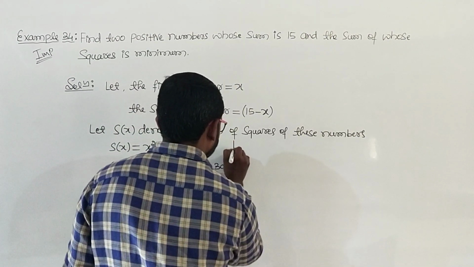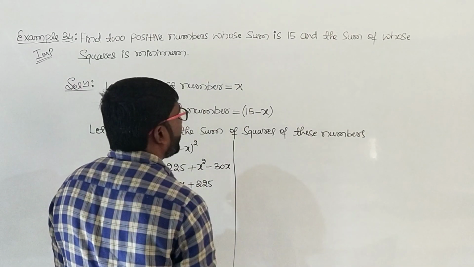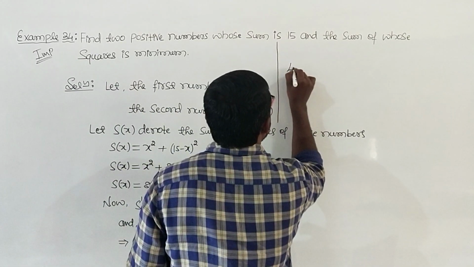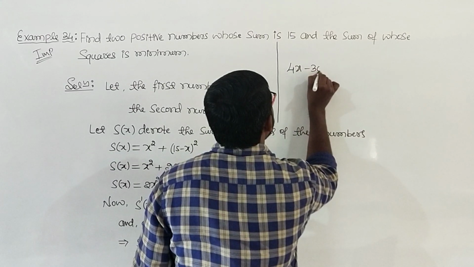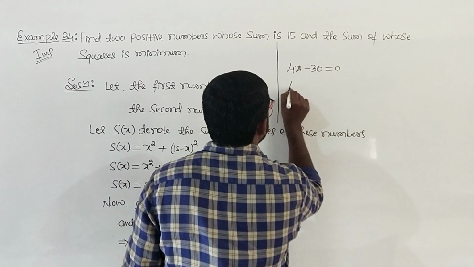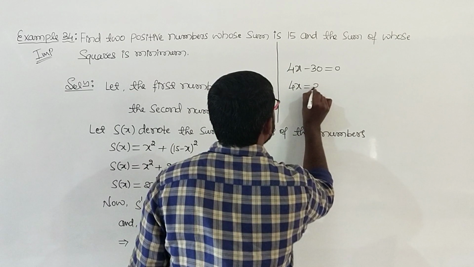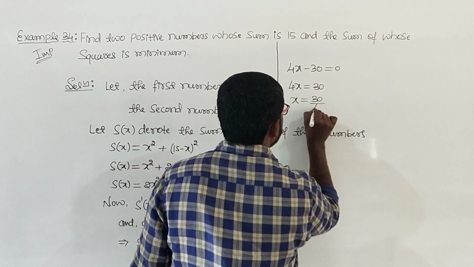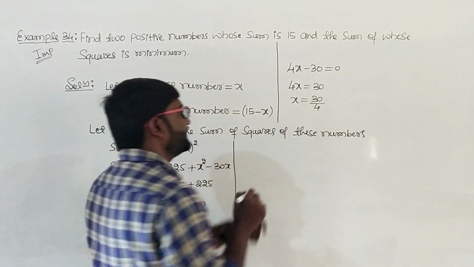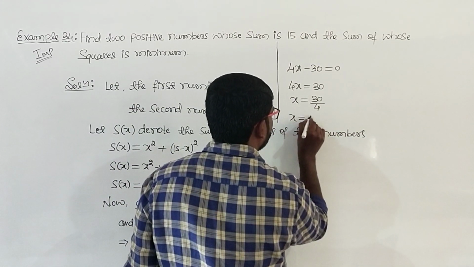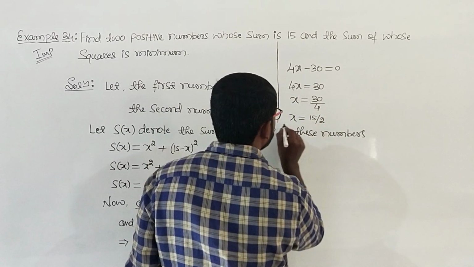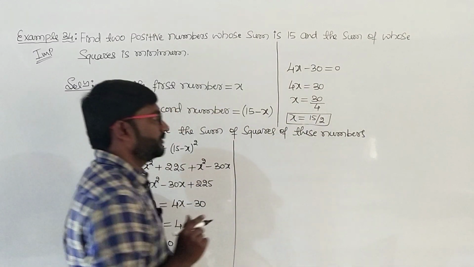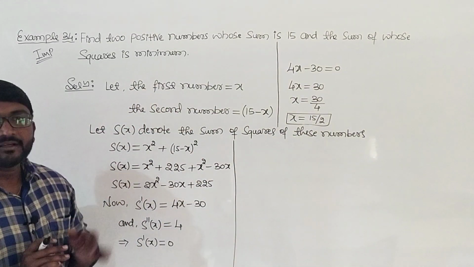So 4x minus 30 equals 0, 4x equals 30, then x will be 30 by 4. So 2 2s are 4, 2 15s are 30. X is going to be 15 by 2. So we have got the critical point.